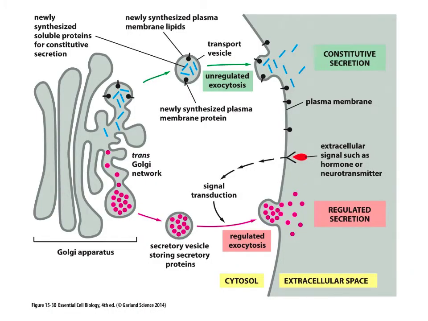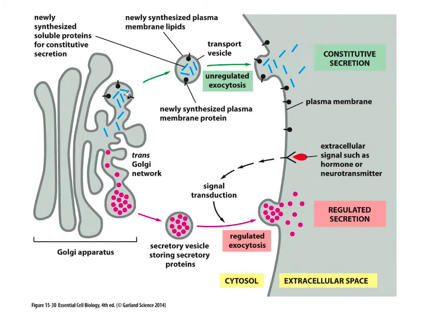So focusing on that part of the cell, we can see that there are two general pathways, and they are mentioned here. There's a standard pathway that operates in all cells, and that's called the constitutive secretion pathway. And all cells perform this particular route.